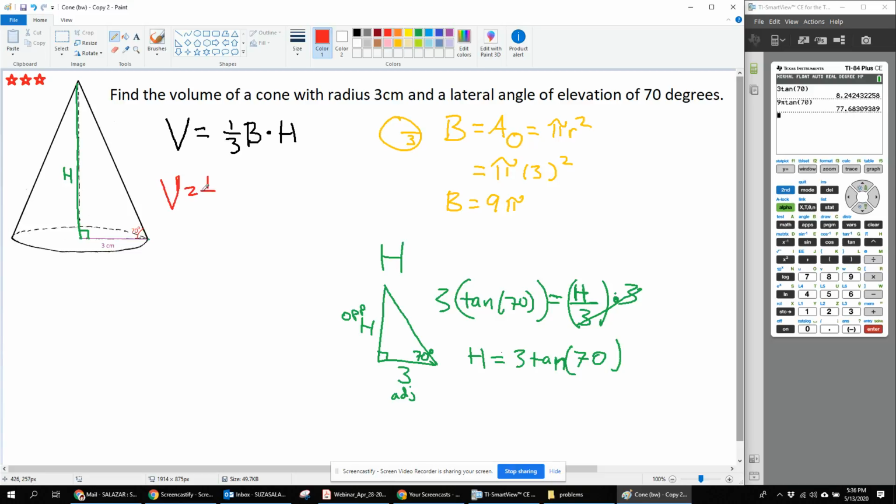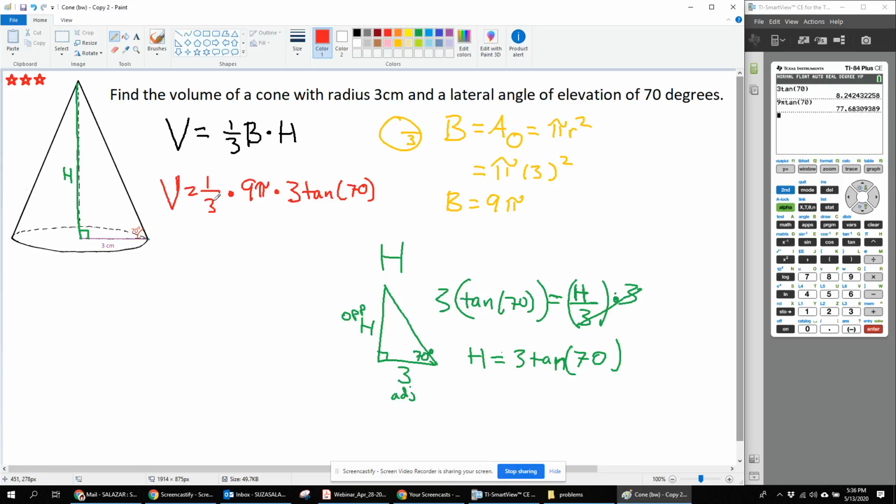volume equals 1/3 times 9 pi times 3 tangent of 70. And then I want to simplify this a little bit. There's not a lot I can do. I can't change the tangent of 70. I can't change the pi without approximating things, but I have a 1/3, a 9, and a 3 that I can simplify.